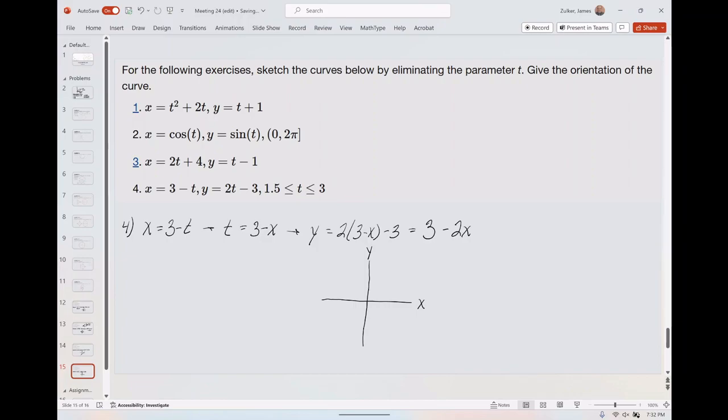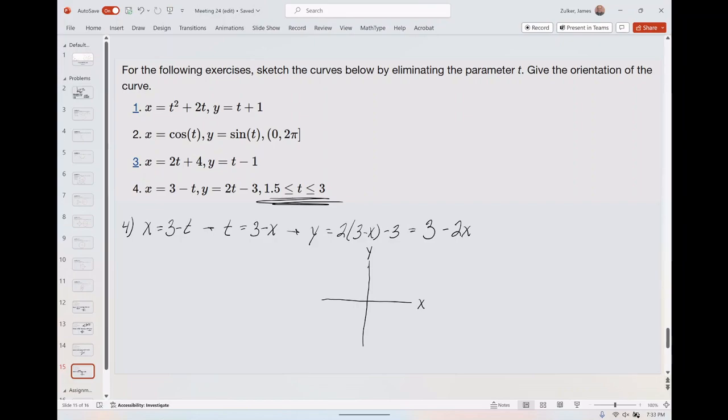But is it the entire line? No, because here we're specifically told t only goes from 1.5 to 3. So when t is 1.5, x is 1.5. And when t is 3, x is 0. So it's the line from x equals 0 to x equals 1.5.